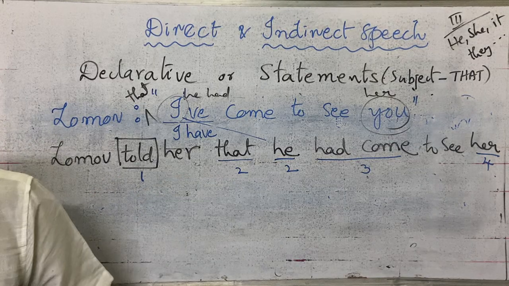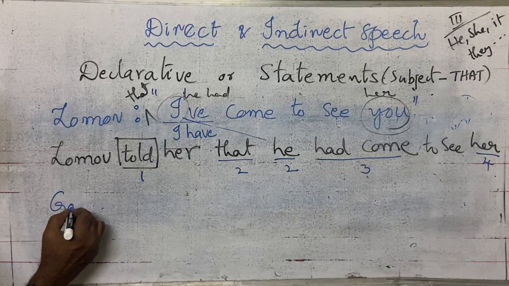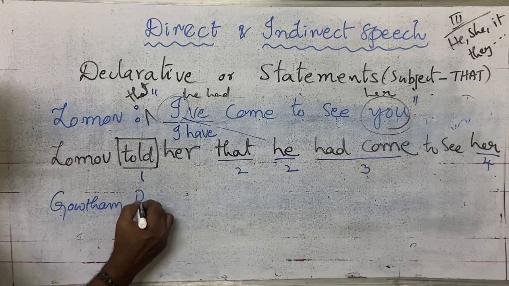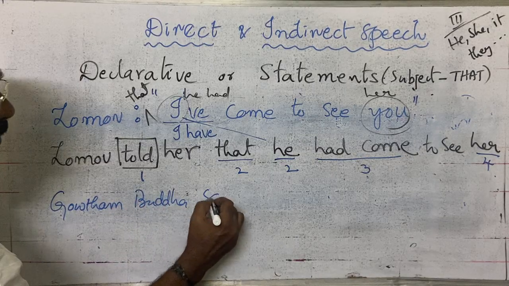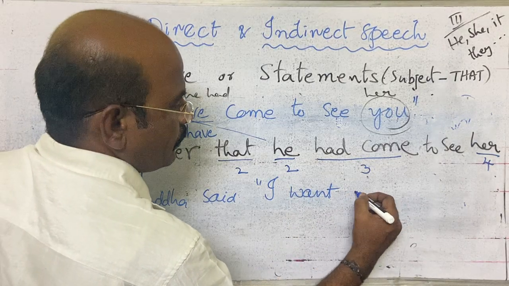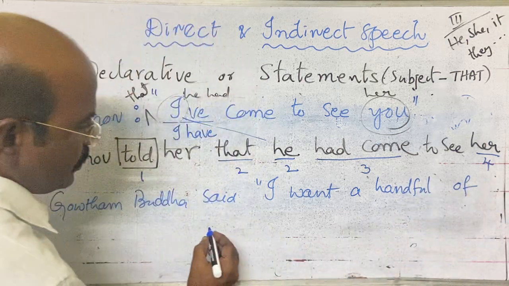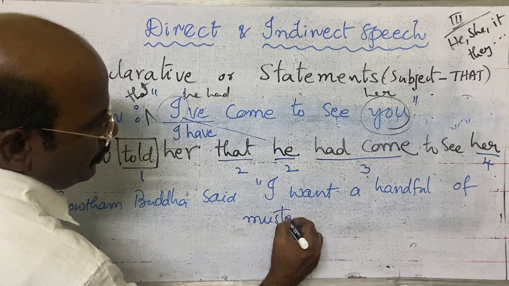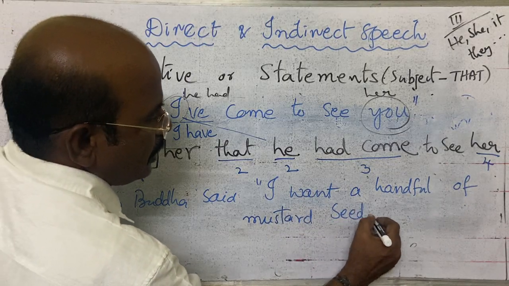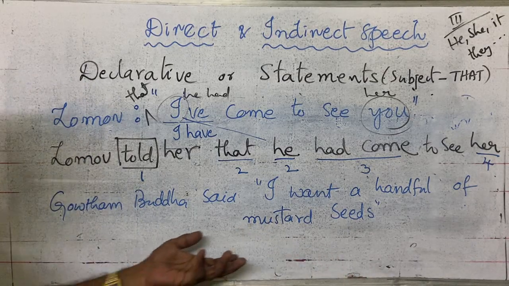Now we are going to verify one more example. Gautam Buddha said, I want a handful of mustard seeds. This is at the time while he is talking with Gautami.